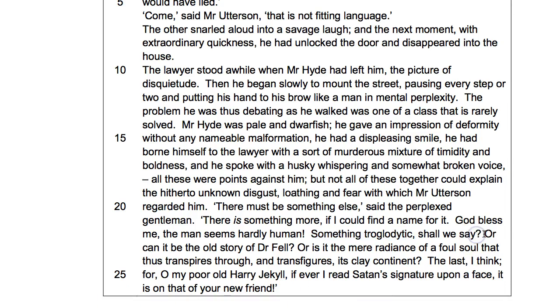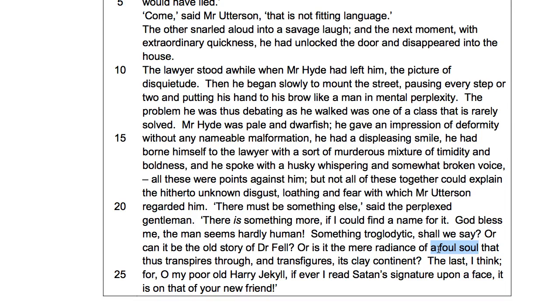Right, let's find another quotation. "Or can it be the old story of Dr. Fell? Or is it the mere radiance of a foul soul that thus transpires through and transfigures its clay continent?" Well, I'm going to focus on the religious language here, which is also echoed there. So Utterson is expressing the religious beliefs, the Christian beliefs of his readership.